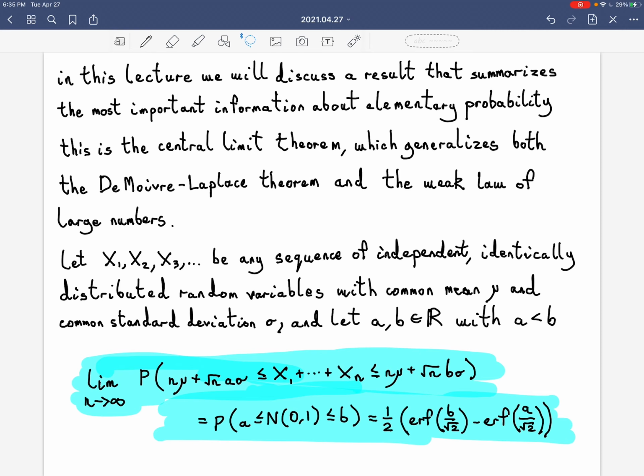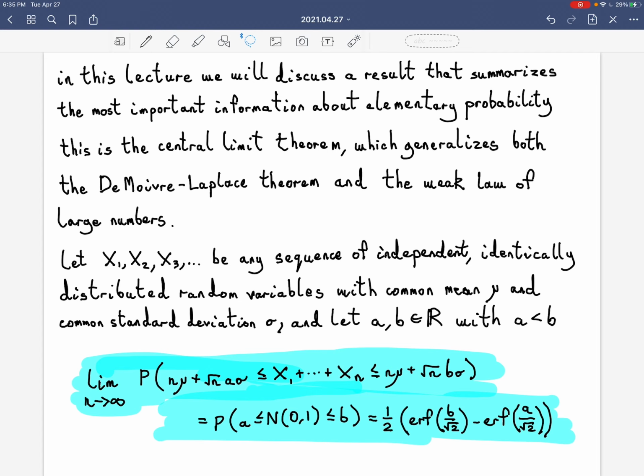You can use the de Moivre-Laplace theorem to estimate a lot of different probabilities, whereas the weak law of large numbers doesn't give you a single piece of numerical information outside of the general assertion that the sample average is going to converge to the mean.